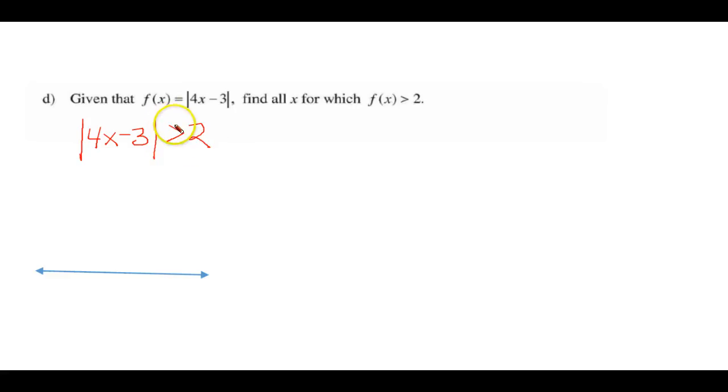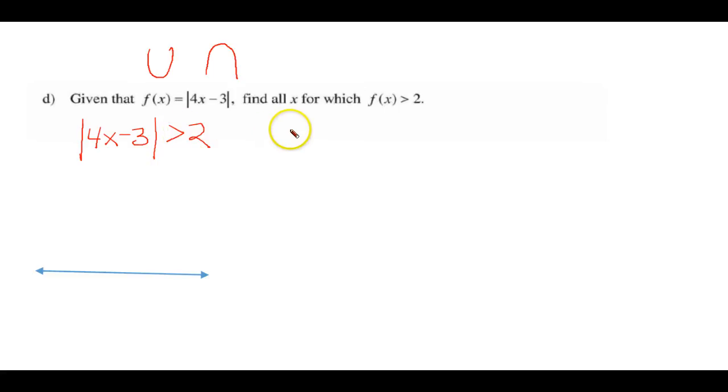Now, since the inequality sign is greater, will this be a union or an intersection? That is, a disjunction or a conjunction? Well, we said if it's greater than, it's a union, which will be a disjunction.